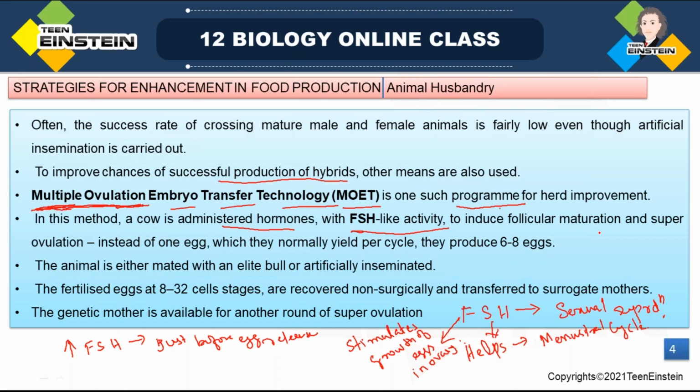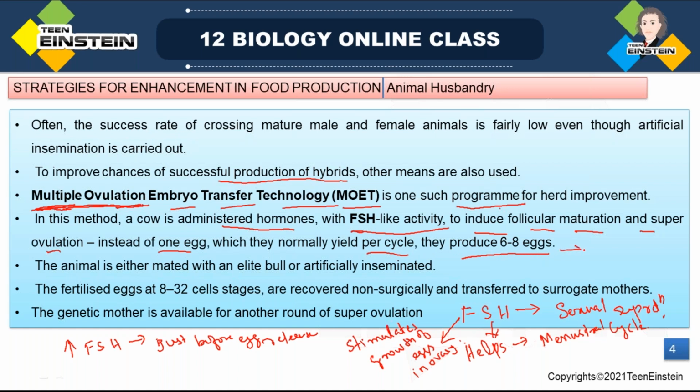So that will induce the follicular maturation and superovulation. Instead of one egg, in a cycle, normally one egg is released, right?